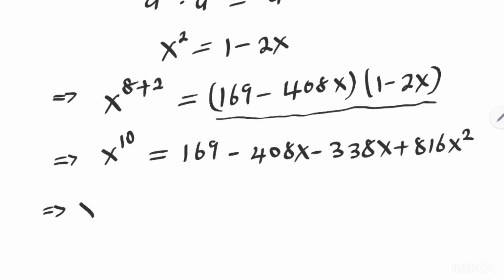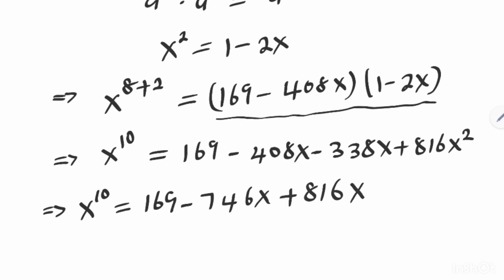This is the same thing as x raised to power 10 is equal to 169 minus 408x minus 338x, that is minus 746x, plus 816x squared.